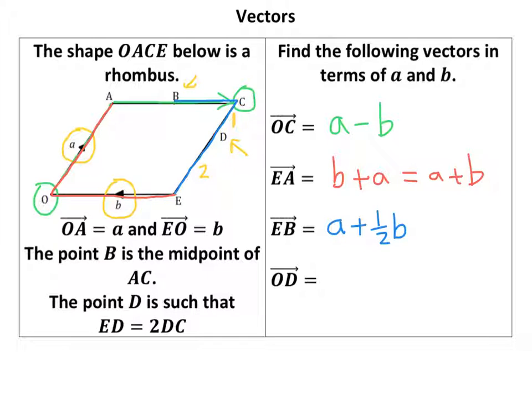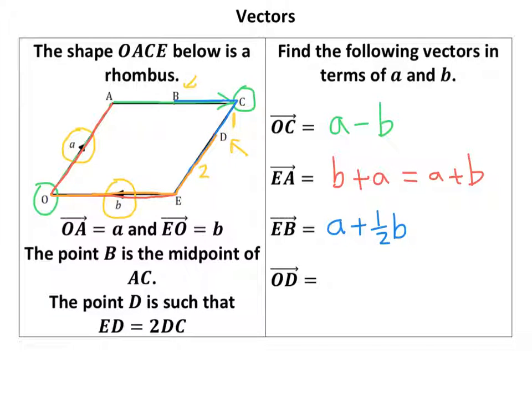Now then, last one, I'm just going to get orange, there we go. It says OD, so I need to go from here, O to D, so I'm probably going to go this way. You can't see that brilliantly, it has to be said, but there you go.